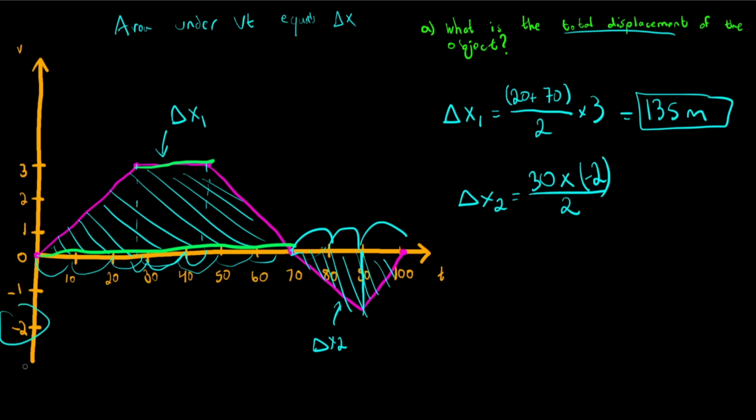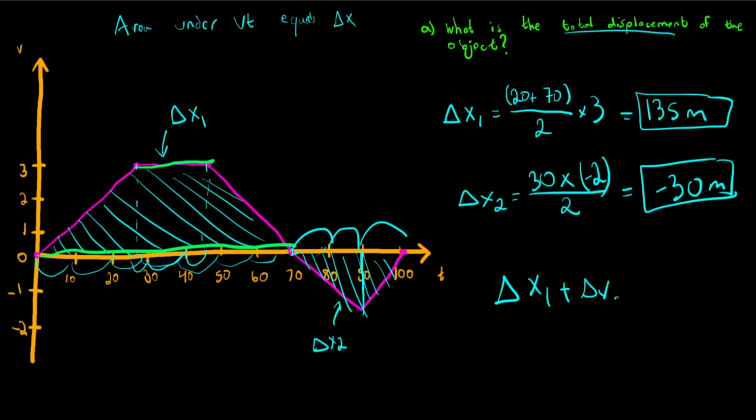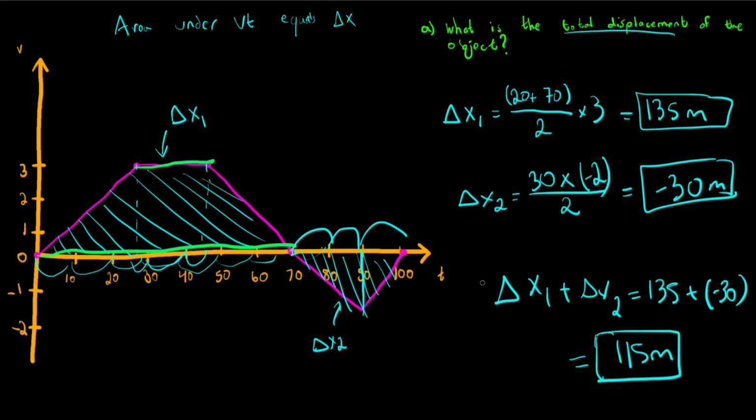We take the negative sign, which gives -60 divided by 2, which is -30 meters. Then we have to find the total displacement, so we add delta x1 plus delta x2, which is 135 plus -30, which is equal to 115 meters. And that is the total displacement, the answer.